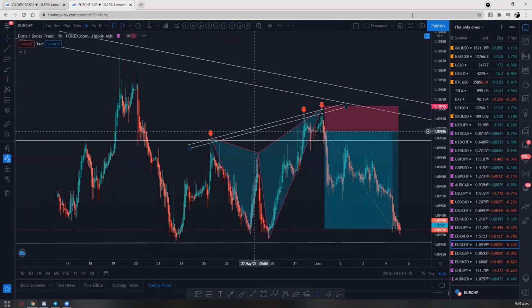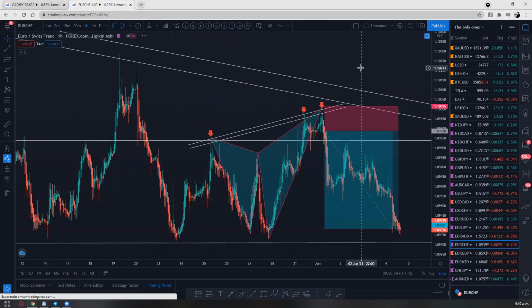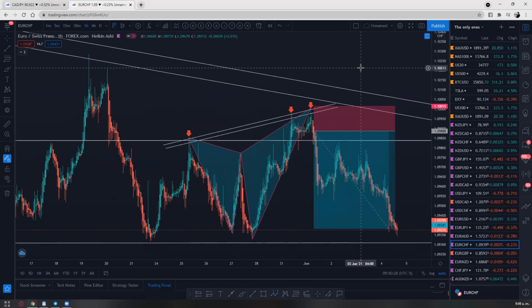It will work, and it will have more accuracy if you follow my rule, which is at least the 3 touches. It could be either on the top or on the bottom. If it's a bearish pattern or bullish pattern, it's pretty much the same rule. As long as it's touching 3 times, it's going to work.